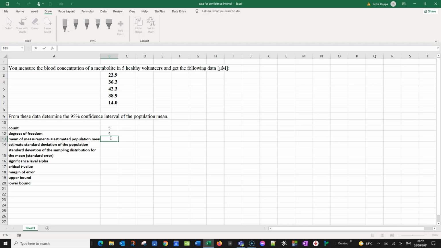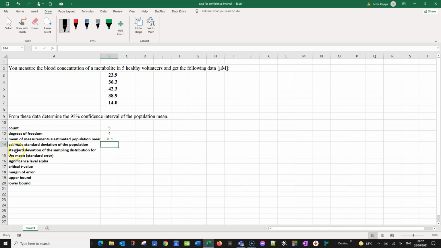So we start an equation equals, and then we start typing average, which is mean. Double click on it, left mouse button pressed, and we highlight the cells that we want to calculate for the average. Close the bracket, and we get an average of 31.1 micromolar.